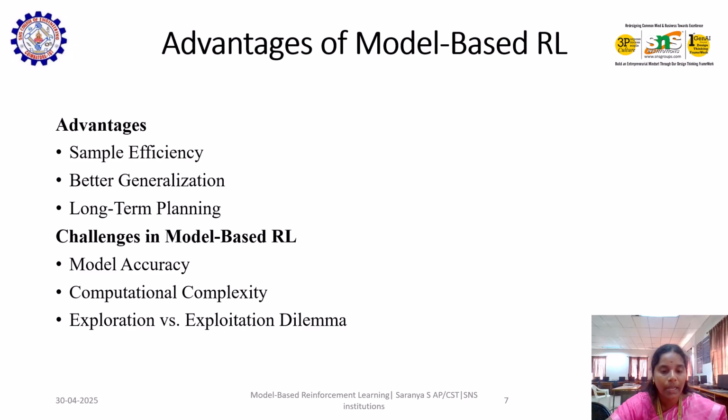Long-term planning means MBRL facilitates long-term planning by allowing the agent to simulate long sequences of actions and their outcomes, which is valuable for tasks like robotic control and game playing.